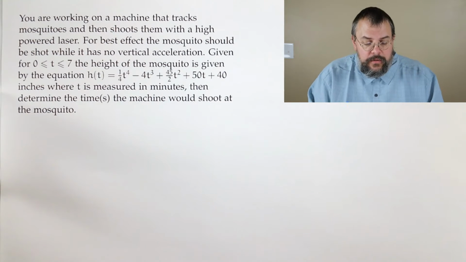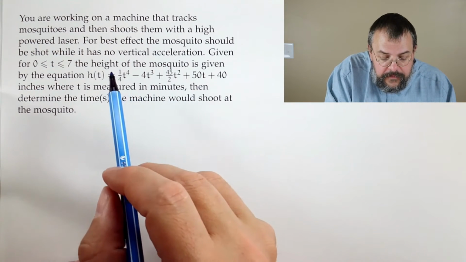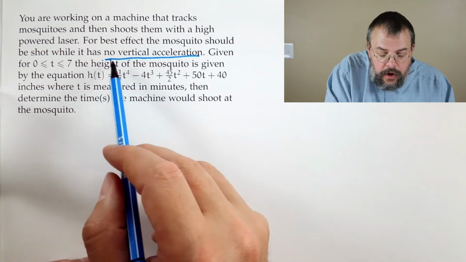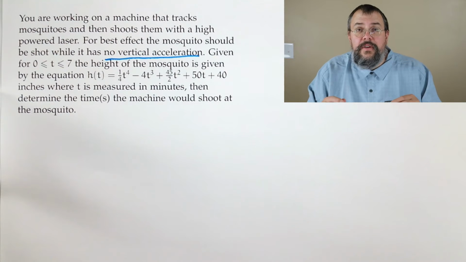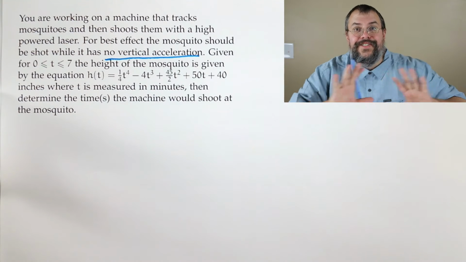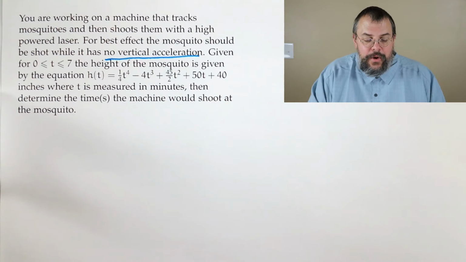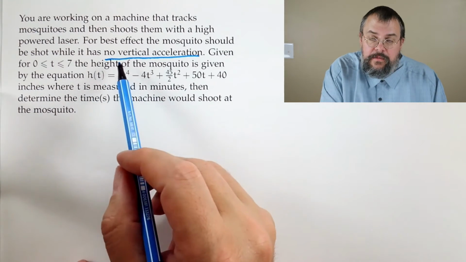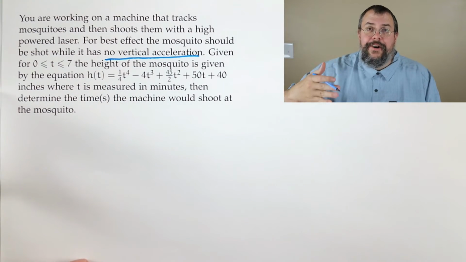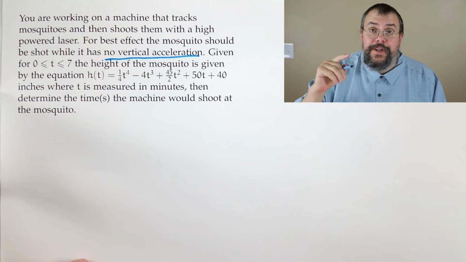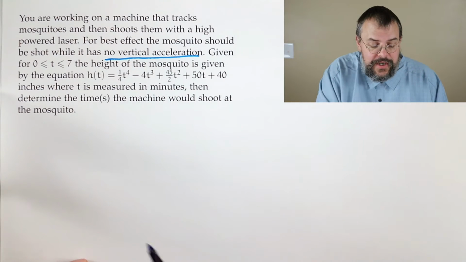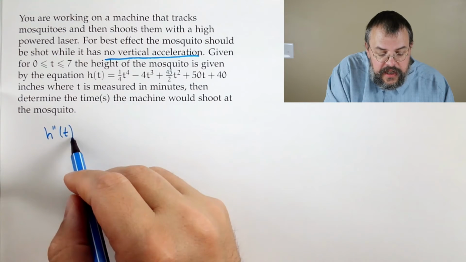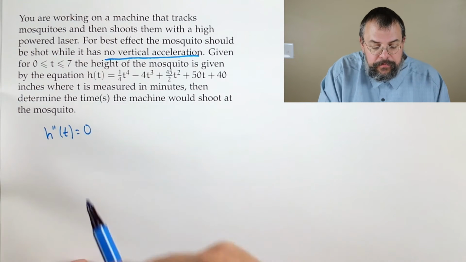Well, we want no vertical acceleration. Now, no is just another fancy way of saying zero. Zero acceleration. We have the height, and the height is vertical. Height means going up and down. So, if we want no vertical acceleration, that translates into saying we want h double prime of t to be 0.